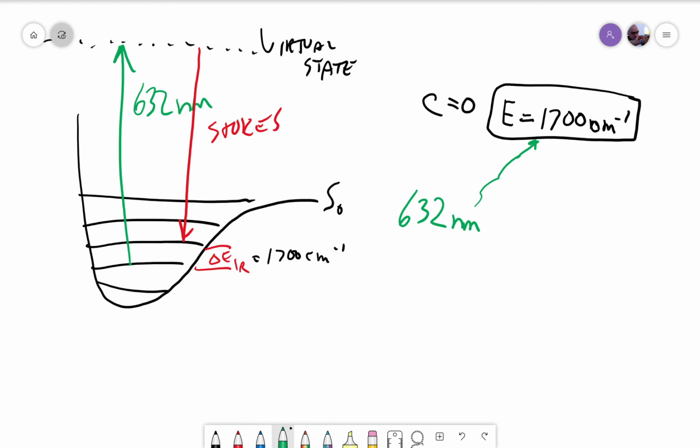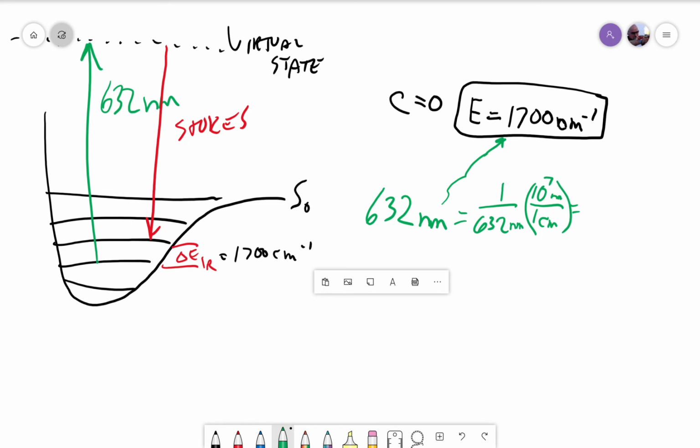So, all we have to do to convert it into that unit is take 1 over 632, that would get us to reciprocal nanometers, and then if we convert it to centimeters, where there's 10 to the 7th nanometers per centimeter, 632 nanometers is equivalent to 15,823 reciprocal centimeters.